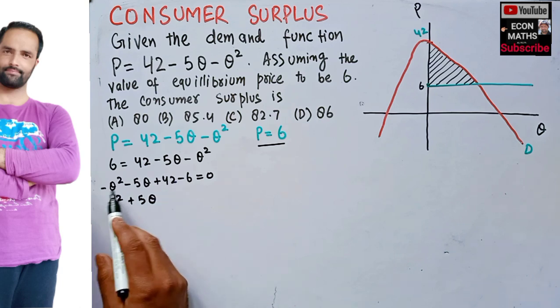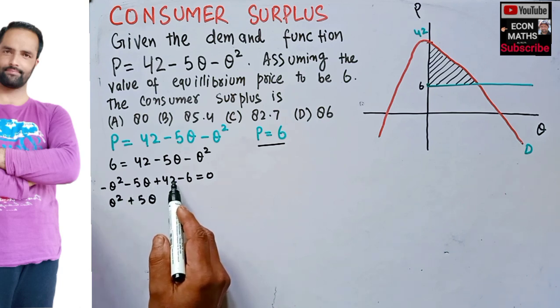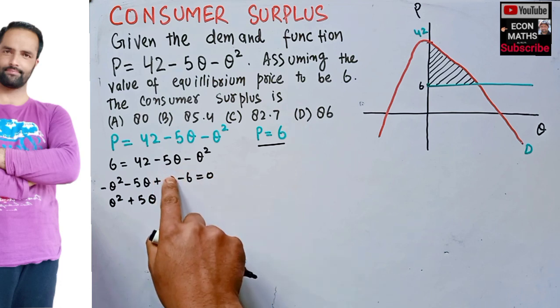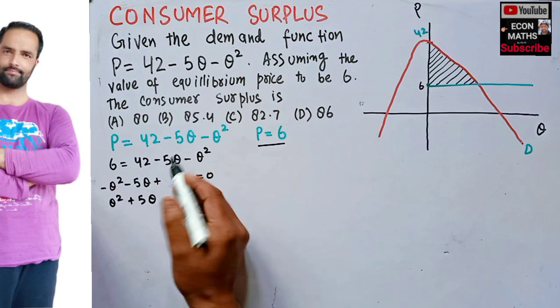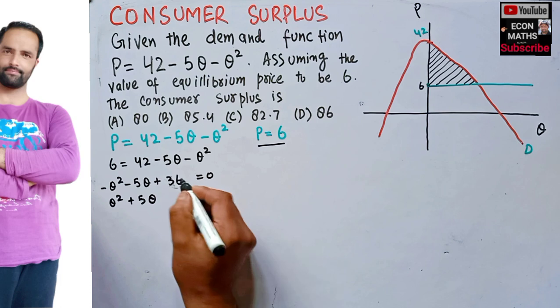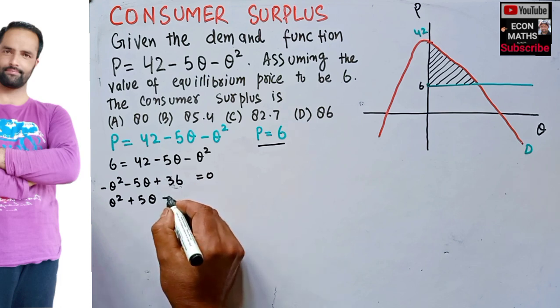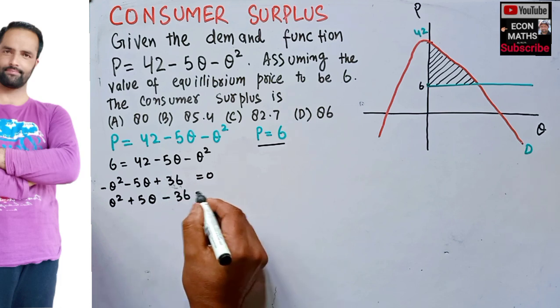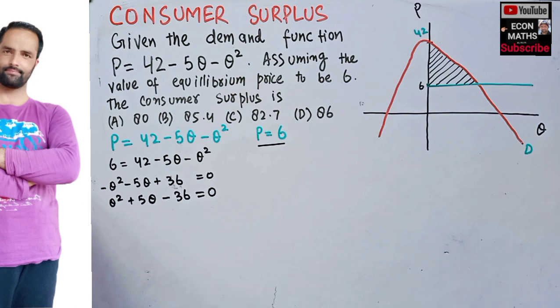So we have Q square plus 5Q, and 42 minus 6 comes out to be 36, so it will become minus 36. I hope you know what I am doing here. It is a quadratic function.